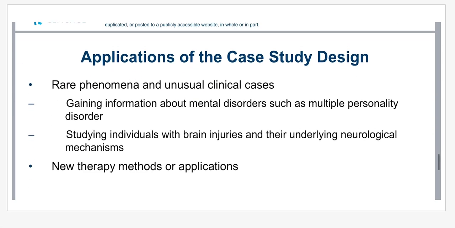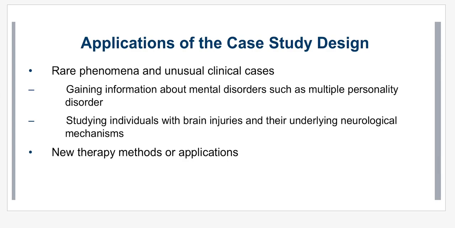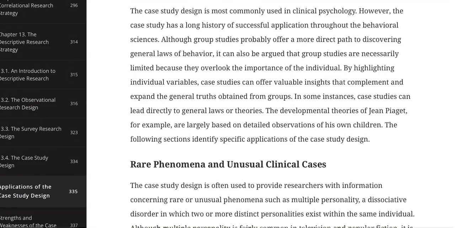So for applications, what kind of situations do we apply this to? I really like the way that this first paragraph in your textbook puts it. Case studies are most commonly used in clinical psychology situations, as I mentioned, but it can be used in a lot of different areas in behavioral sciences.